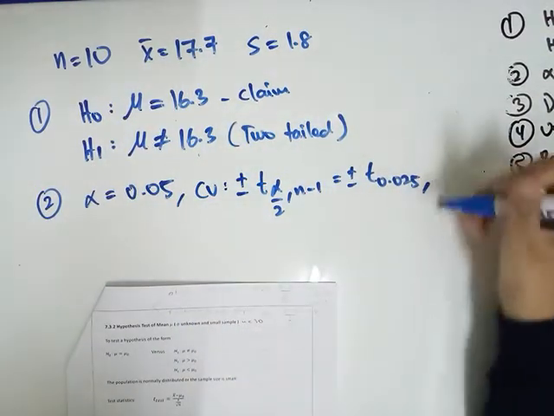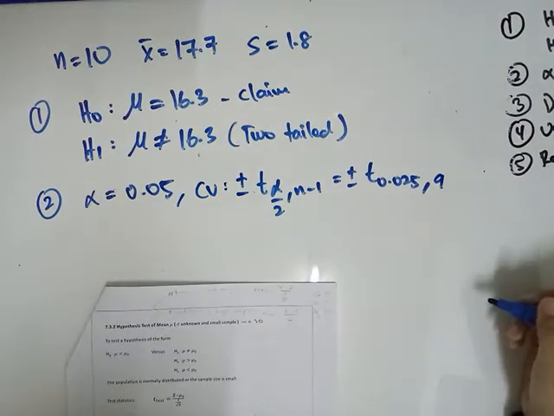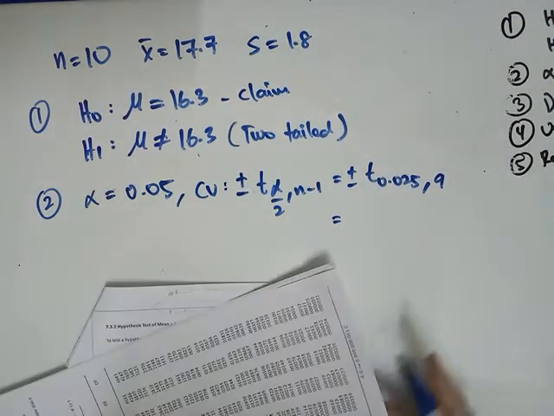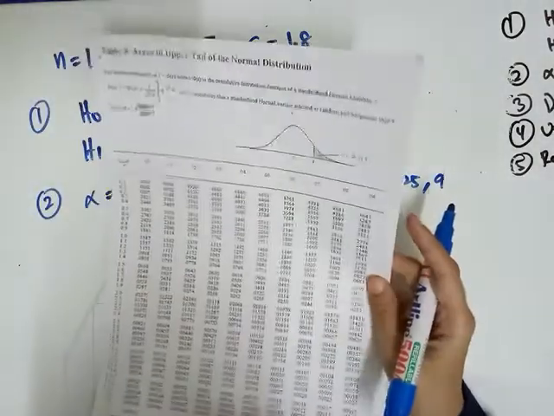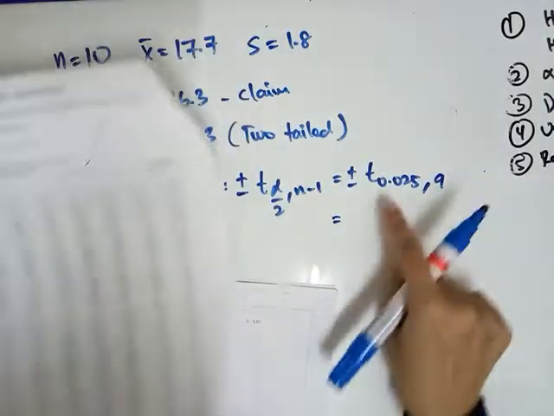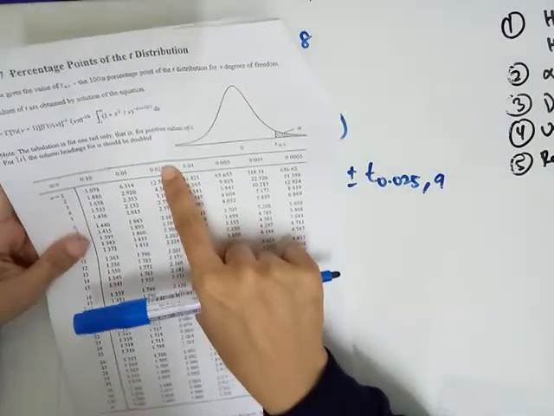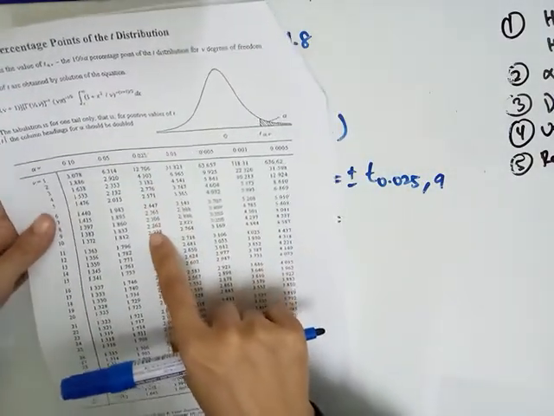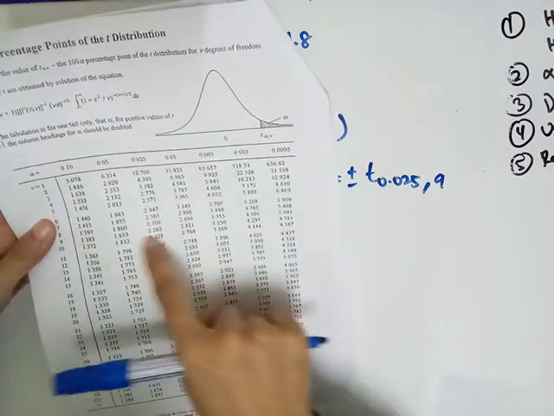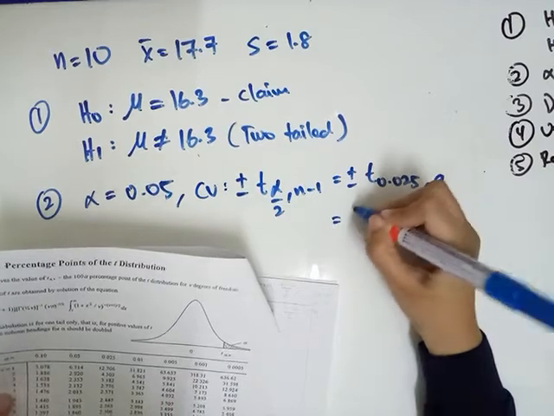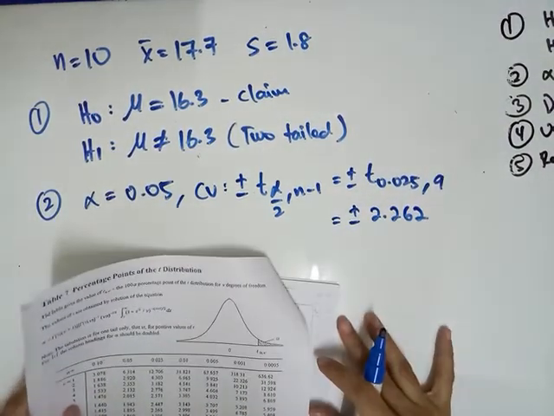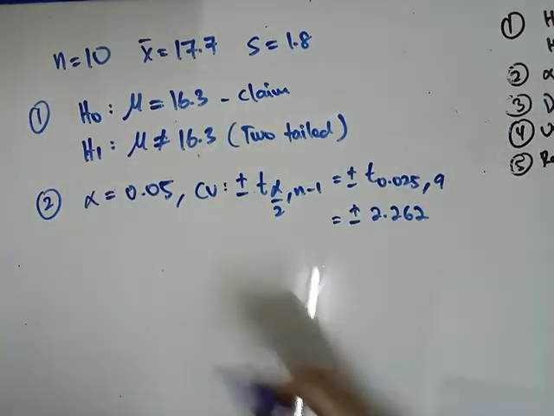Minus 1, we get 9. So what is the T value? Look at the table statistics. Okay, use the T distribution. We know that alpha is 0.025 and then V is 9. It is 2.262. Positive, negative 2.262. Okay, so this is second step.